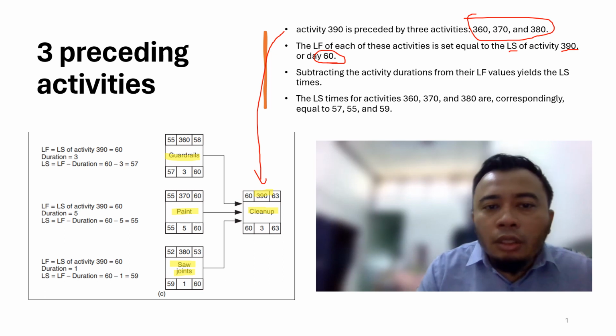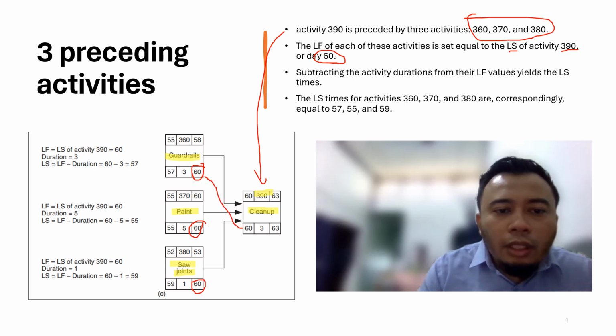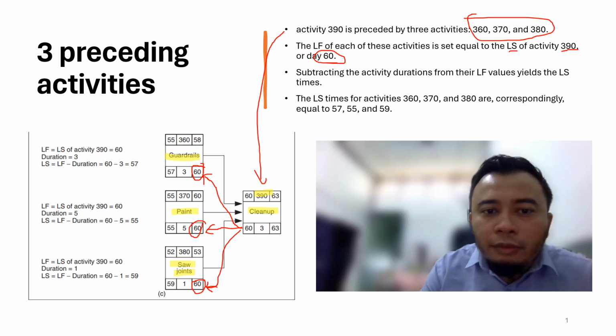So the late finish of each activity here, for guardrails, pins, and saw joints, is set based on the late start of activity 390.